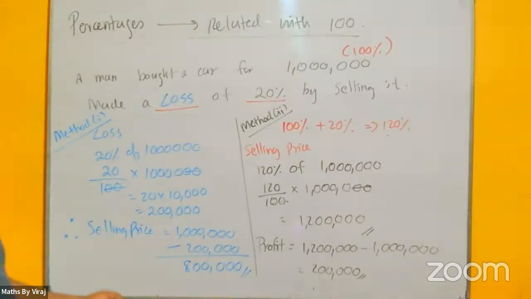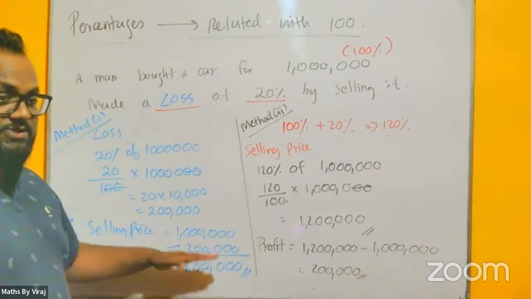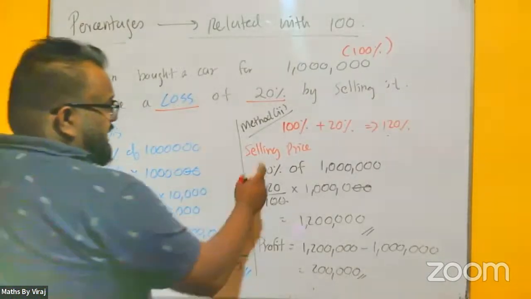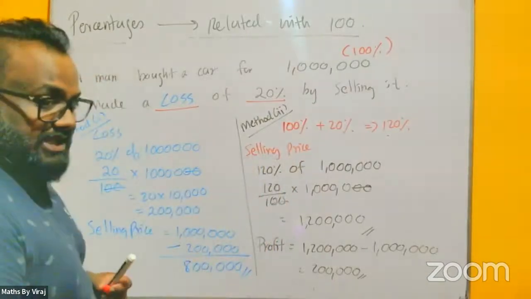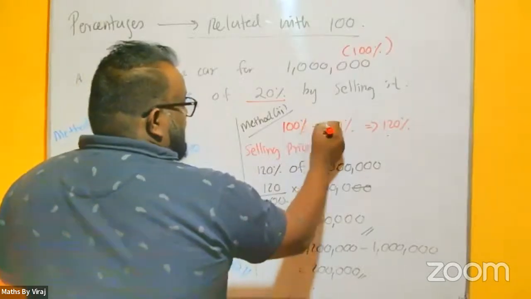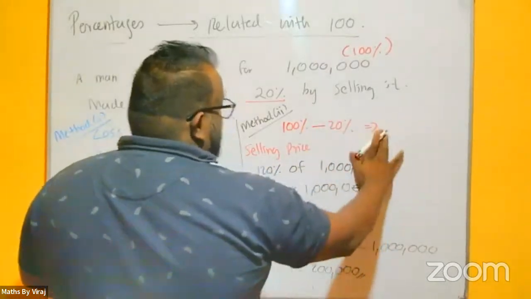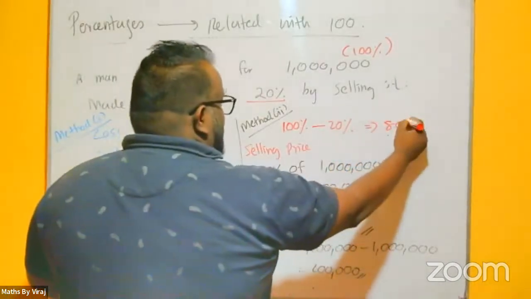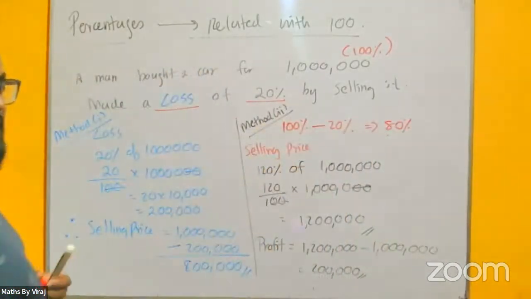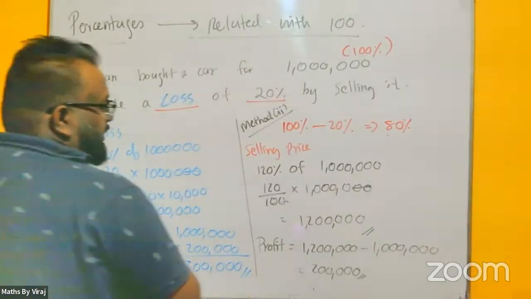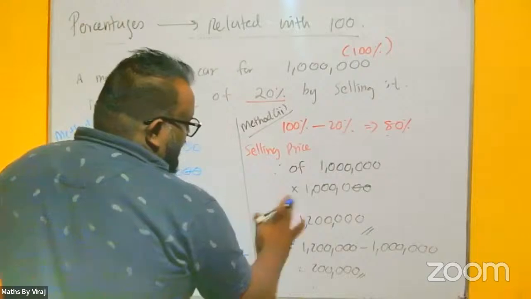Therefore, the selling price is 1 million minus 200,000, 800,000. Similarly, if I have to directly find the selling price, what would that be, children? From 100%, I have to now subtract 20% because I'll be selling the vehicle for 80% of the value to which I bought it. So this is going to be what now?